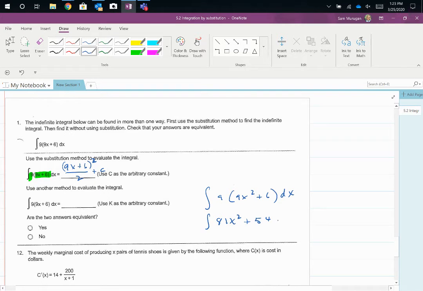Plus 54, and then if we integrated this, sorry, this is 9x, not 9x squared. If we integrated here, this would be equal to 81x squared over 2 plus 54x plus c.